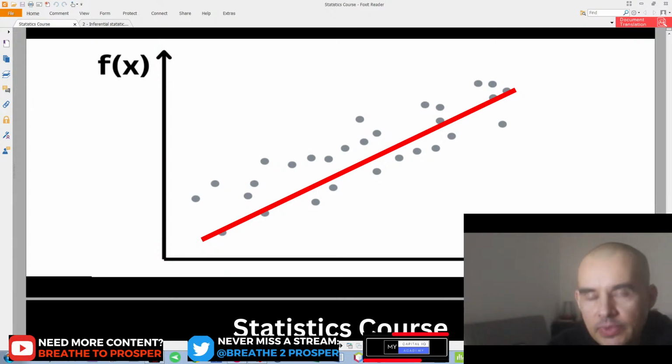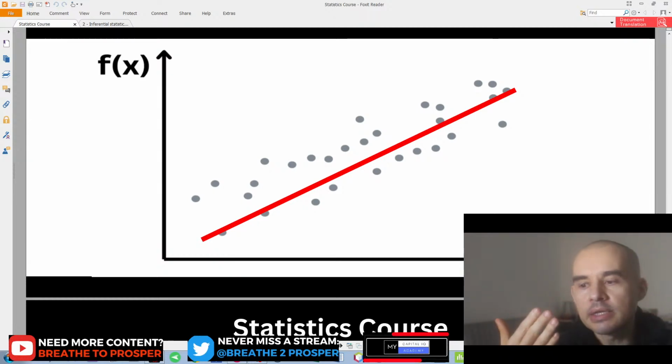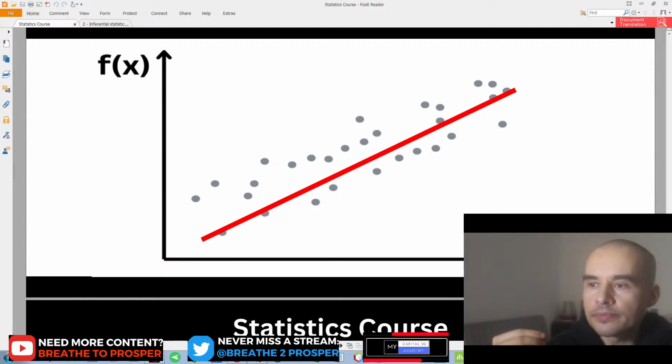I'll give you some examples. In the next lectures, I can show you a hamburger classification model that I created, where the model classifies if a picture has a burger or not.